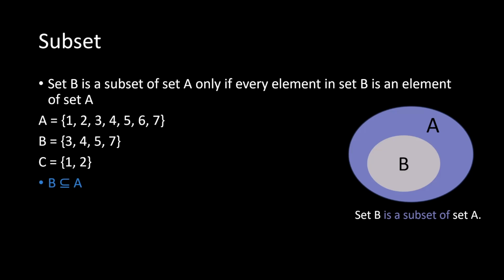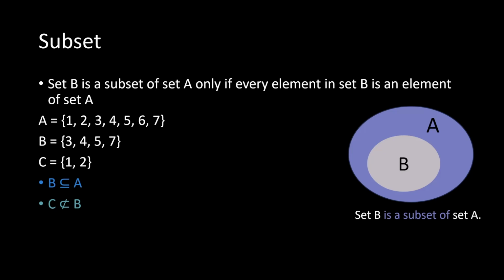That would mean that B is a subset of A. This is because 3, 4, 5, and 7 are all elements that are found within A, and there aren't any elements that are not in A. If we want to say that a set is not a subset of another set, we can just say, for instance, C is not a subset of B. And we can truthfully say this because 1 and 2 are both elements that are not within 3, 4, 5, 7, right? Within that set B.